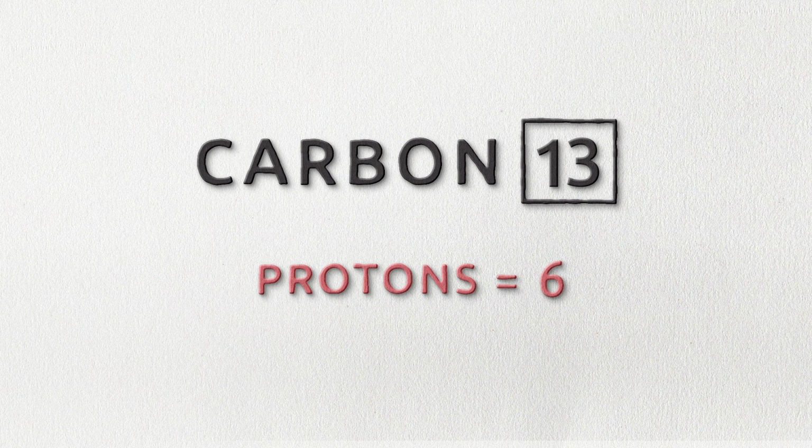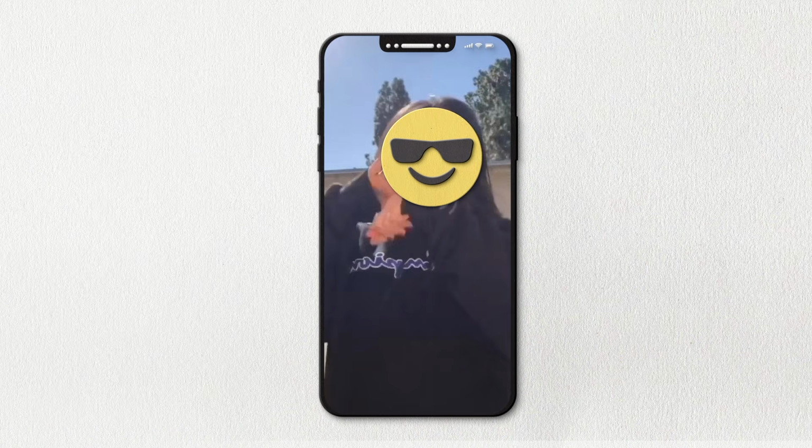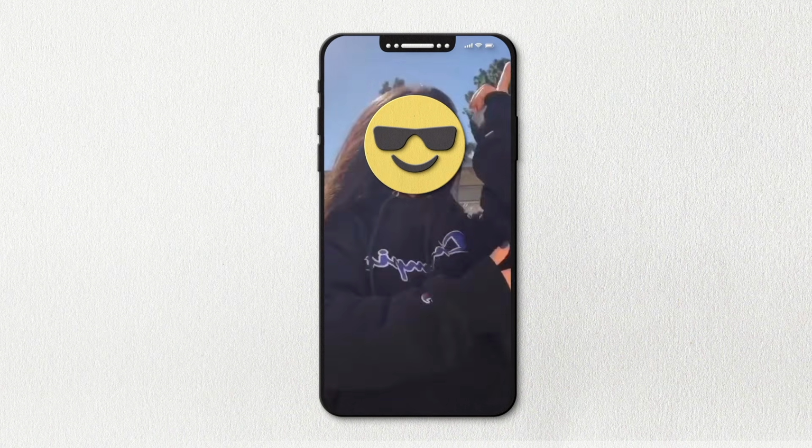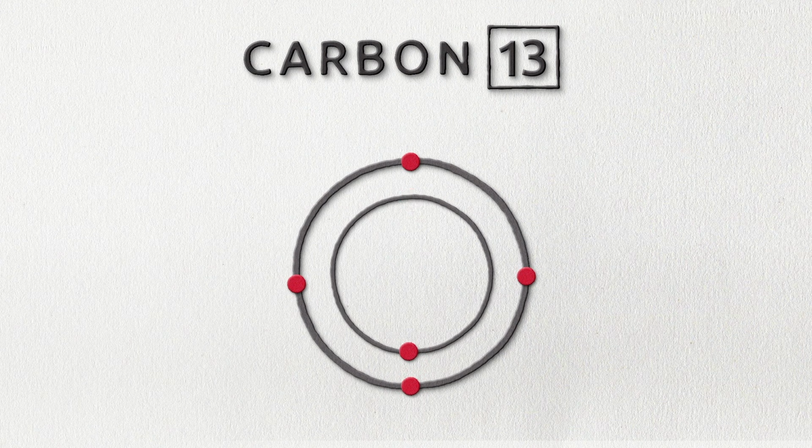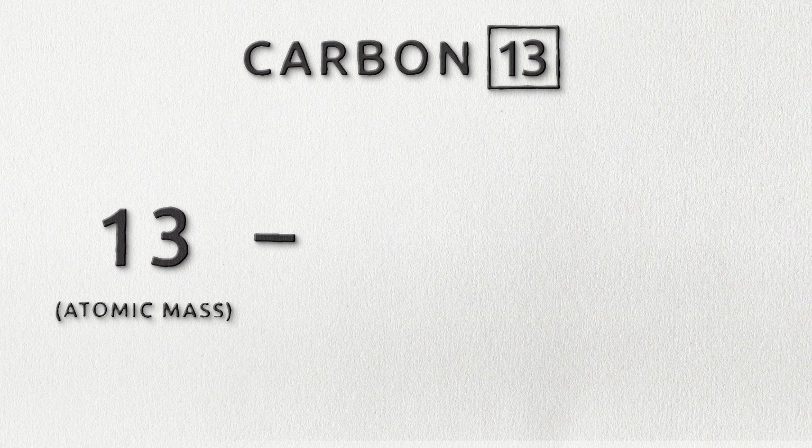I can see you have been paying attention to this video and not watching another awkward dance video on TikTok. We know that all isotopes of an element have the same number of protons, so carbon-13 has 6 protons in its nucleus. Now the question is, how many neutrons are in a nucleus of carbon-13? If we do the math, 13 minus 6 equals 7, right?